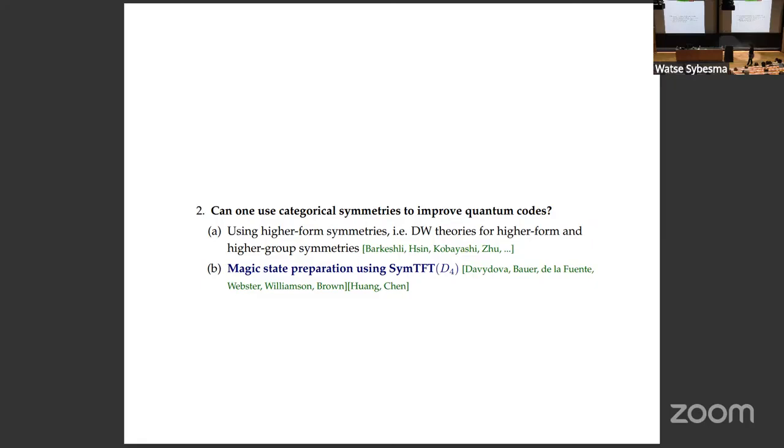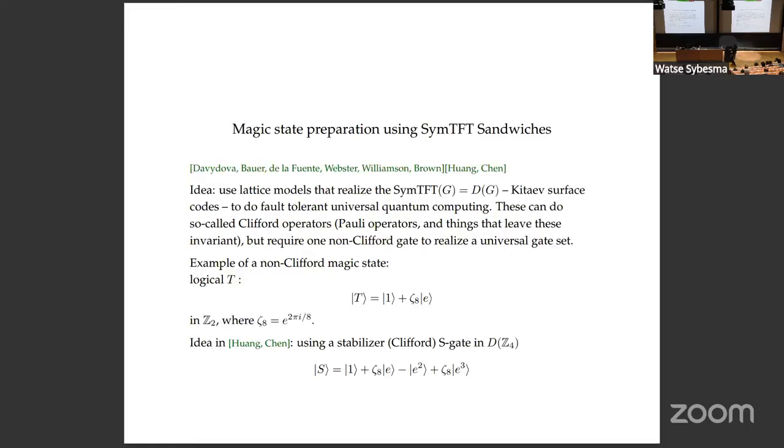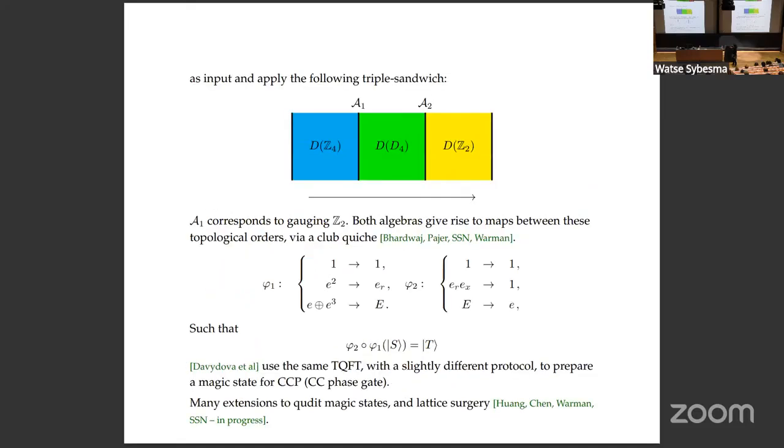So there were 2 papers earlier this year which essentially use, again, this kind of condensation interface to construct what are called magic states. Magic is a technical term here. In this case, it just gives you a way to then do universal quantum computation. And what these people have done is, I will just show you the picture. Take the SymTFT for D4, embed the Z4 one with an interface.